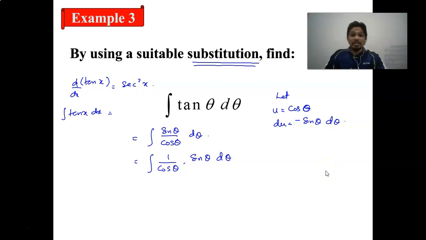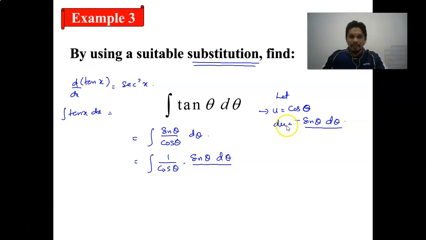The reason is, we can see clearly here it is 1 over cos theta, where cos theta equal to u, and sine theta d theta. So in this question, we want the substitution of sine theta d theta.